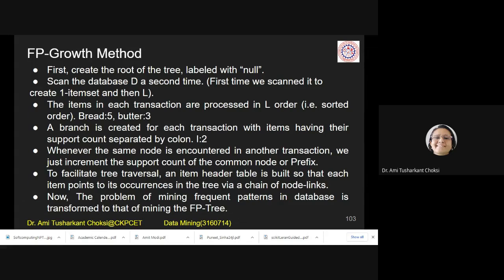Now, the problem of mining frequent patterns in the database is transformed to that of mining the FP tree. So instead of the whole database, we now have the FP tree. From that, we'll get the frequent patterns, right? We do not have to scan the database again and again. Okay, so let us proceed.